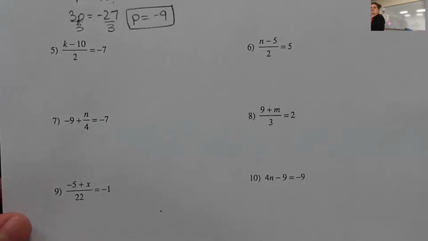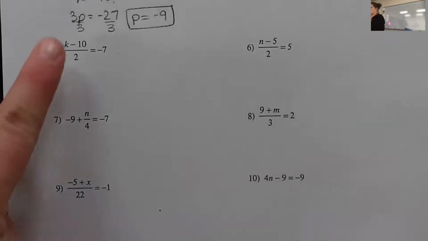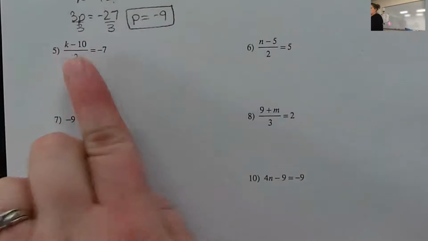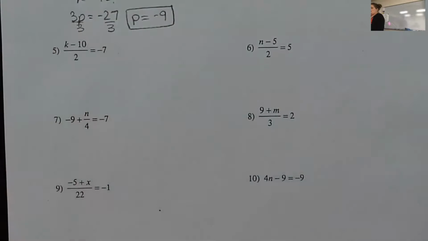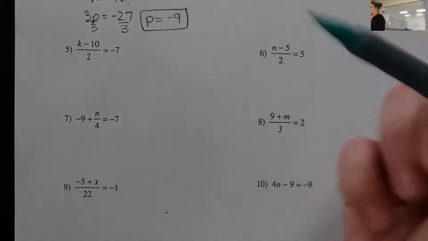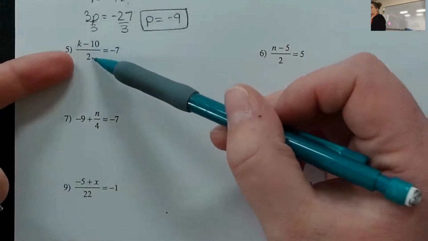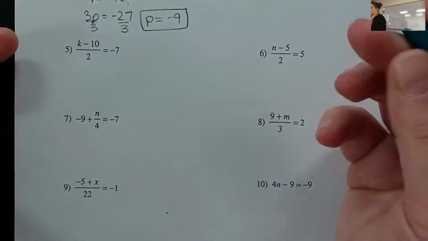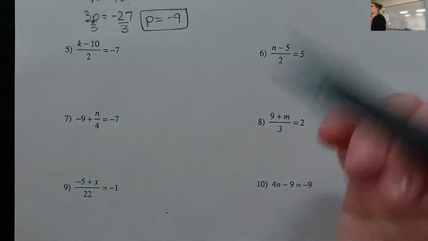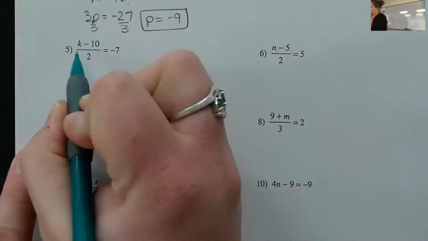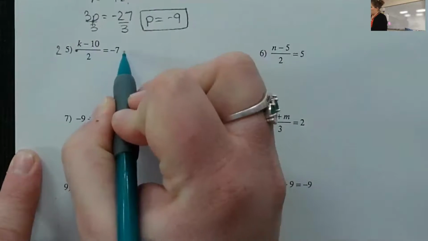Okay, next one. I want to solve for k. I want to try to cover up k. Oh no, I can't cover up k because then I end up covering up this division bar. If I can't get to k, I have to look at what's happening here. This dividing by 2 is happening. How do I get rid of it? What's the opposite of dividing by 2? We're going to multiply by 2 on both sides.